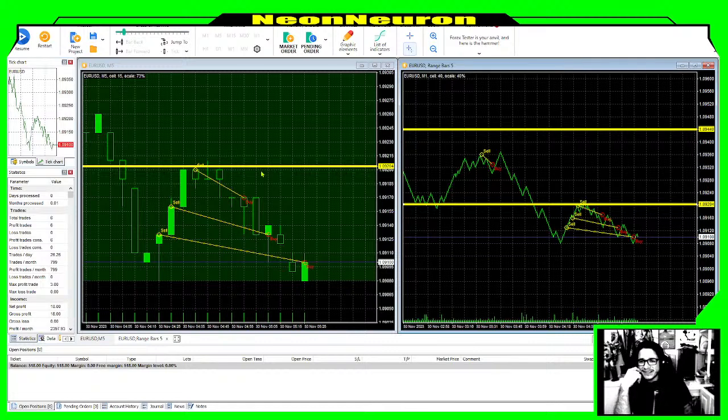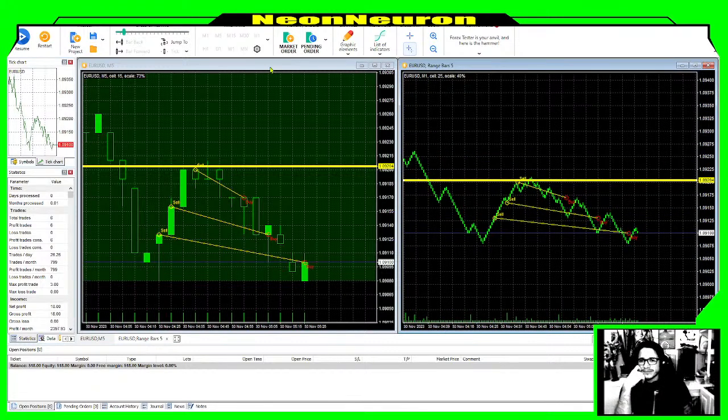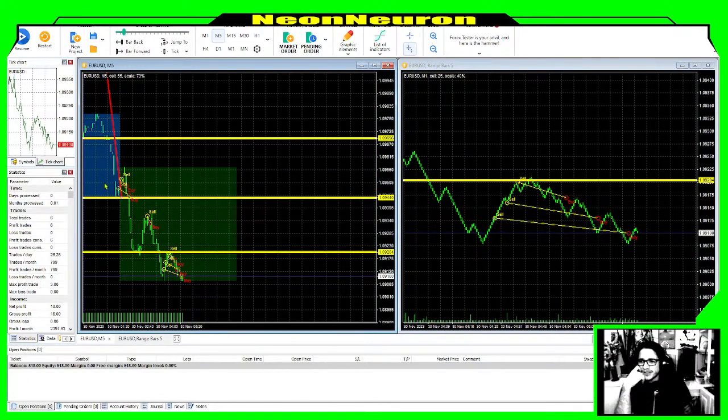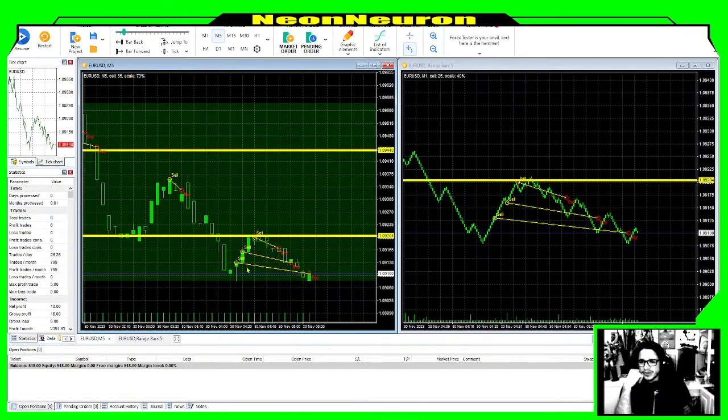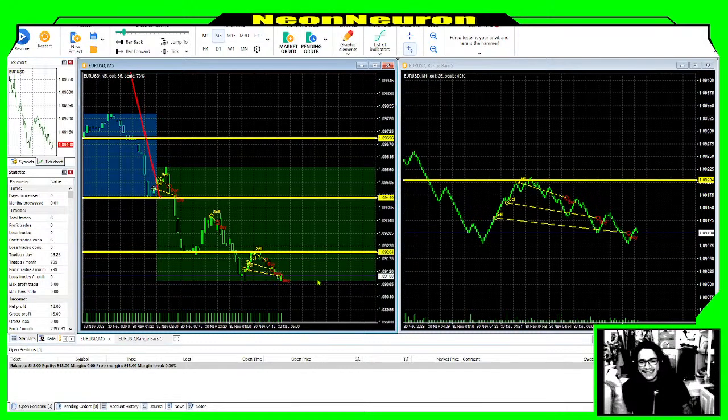And this color right here that you see, this is the Tokyo market, this is the London market, and then I think an orange square will pop up when New York opens. And then the date that I picked was November 30th to, I think, what is the end of November 30th?